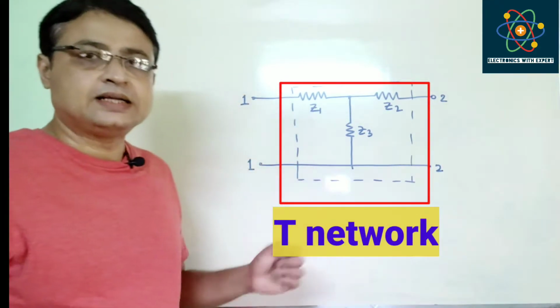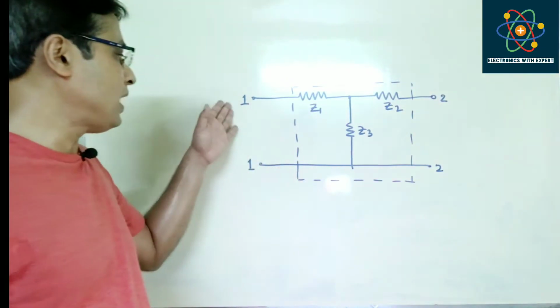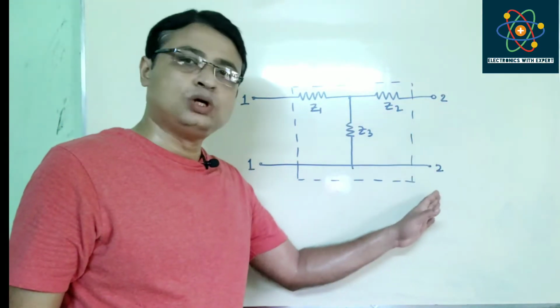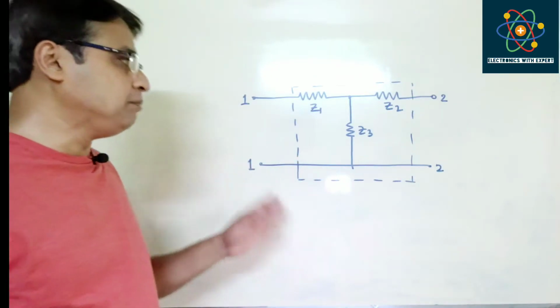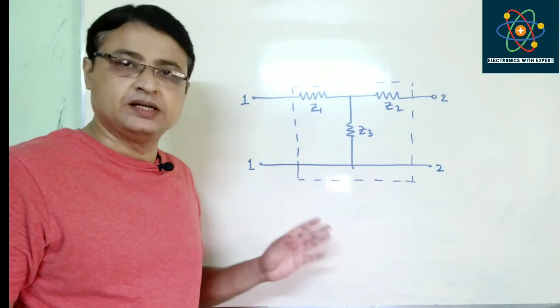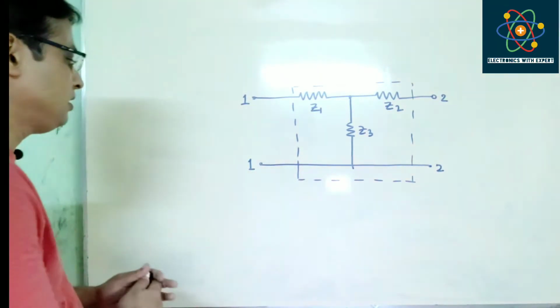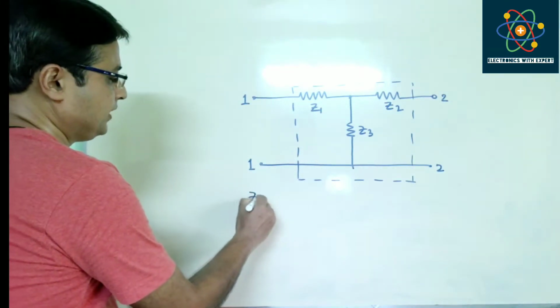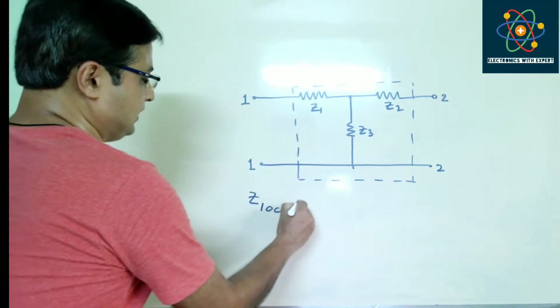Here the external terminals are designated as 1, 1 and 2, 2, and we are going to measure the impedances across these terminals only. First of all, we have to deduce Z1 OC.